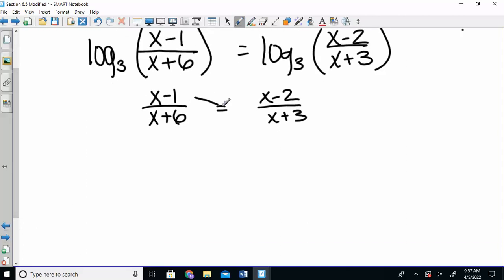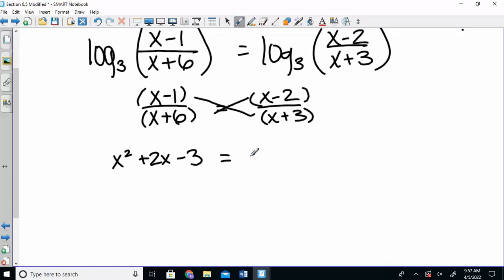What would we do here? Cross multiply. So when you multiply these two, we get x squared plus 3x and minus x would be plus 2x. Negative 1 times 3, negative 3.